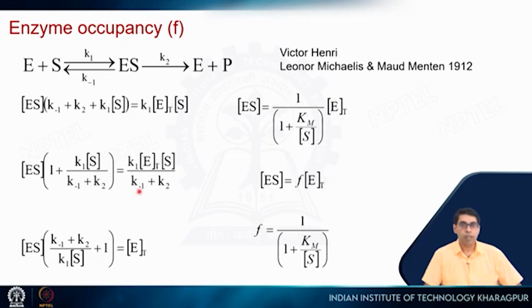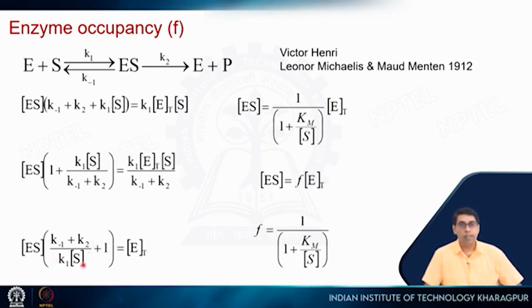If we do that, then K minus 1 plus K2 goes to the numerator and K1S goes to the denominator. Here K minus 1 plus K2 we are multiplying, and K1S we are dividing, so this will cancel out. So this becomes 1. And on this side also K1S and K minus 1 plus K2 cancel out. So we are left with E total, the enzyme substrate complex multiplied by some constant.